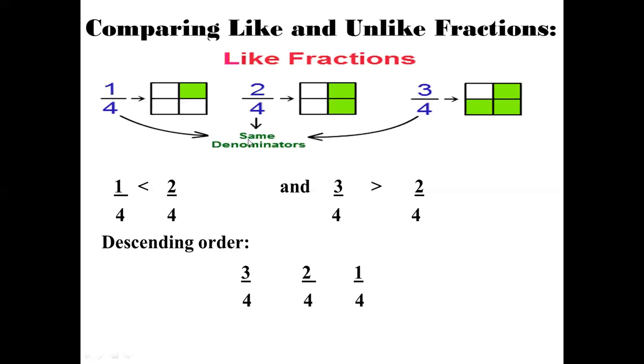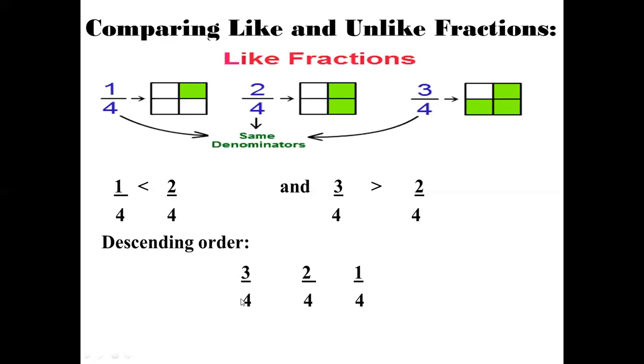Now, if I ask you to arrange in descending order, you know that descending order is from bigger to smaller. You just have to focus on the numerators for arranging in descending order as well, because the denominators are same. Obviously, out of these three, which one is the biggest fraction? 3 upon 4. Why? Because in 3 upon 4, you are getting the biggest share. Out of 4, you are getting 3 pieces, 3 boxes.